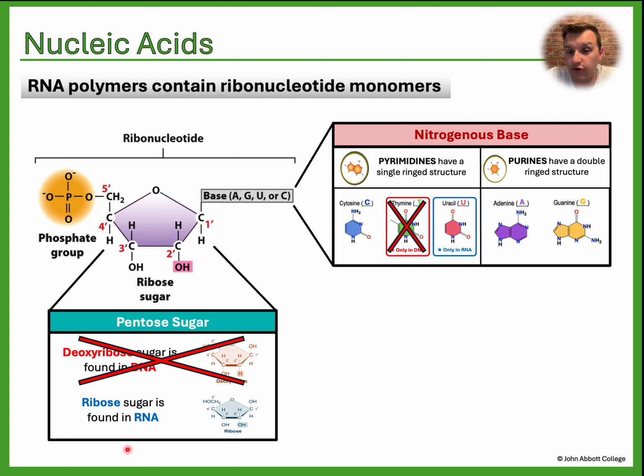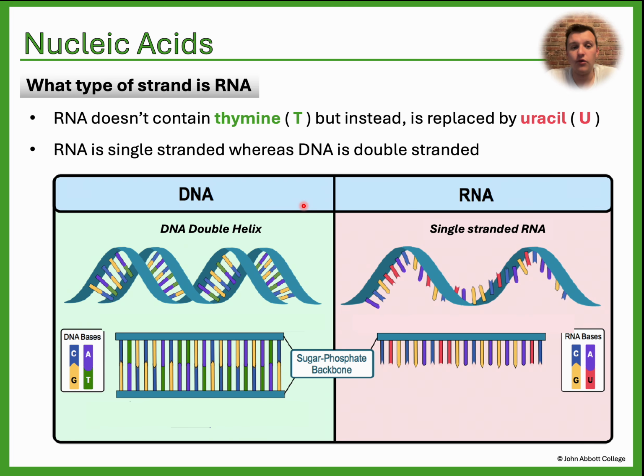So now for RNA, we do not have T anymore, and we actually only have U. So we have C, U, A, and G. Those are the bases that could be here. So what type of strand is RNA? RNA doesn't contain thymine, but instead is replaced by uracil.